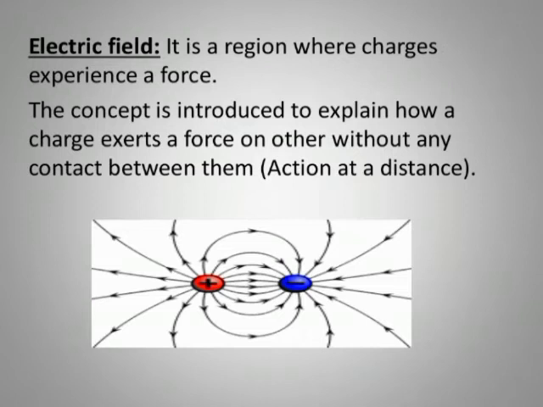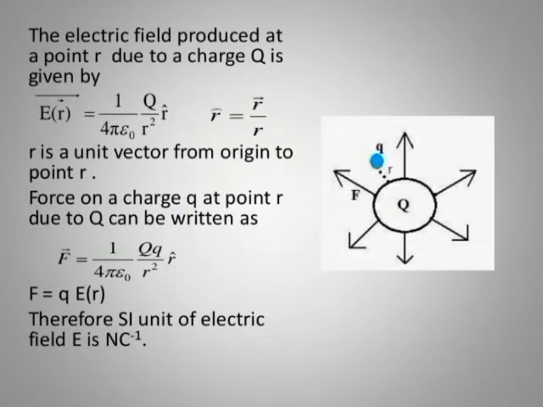Now, giving the equation or the formula for the electric field, firstly, the electric field produced at a point due to a charge Q. According to this picture, you have a capital Q, a charge, and it is radiating or spreading out fields around it.